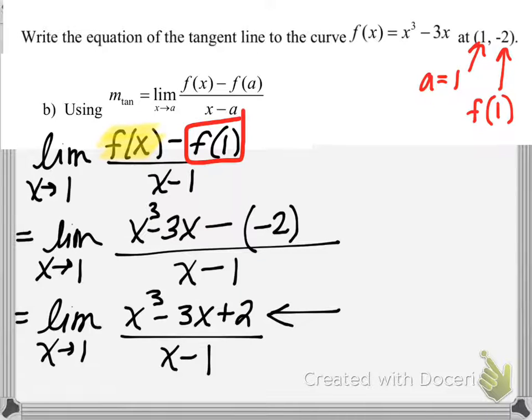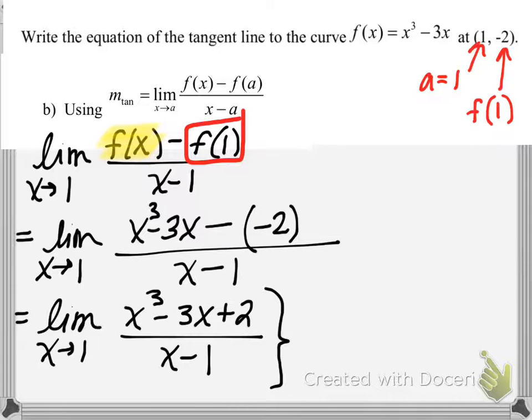If you think of this entire problem here as a division problem, as if we're dividing x minus 1 into x cubed minus 3x plus 2, then we could use synthetic division to do this division, which essentially factors the numerator.